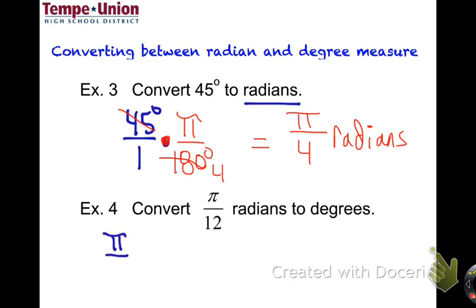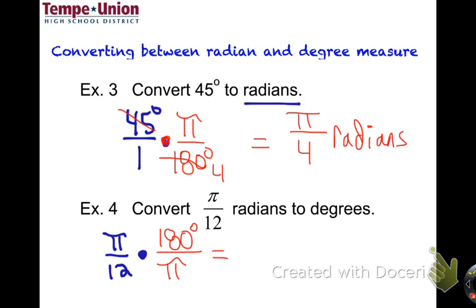All right, now let's see how we convert going the other direction. So if we have pi twelfths radians, we say, okay, I want to have degrees in my answer. So the degrees would be on the top, and I actually want to get rid of the pi. So I'm going to multiply by 180 over pi.